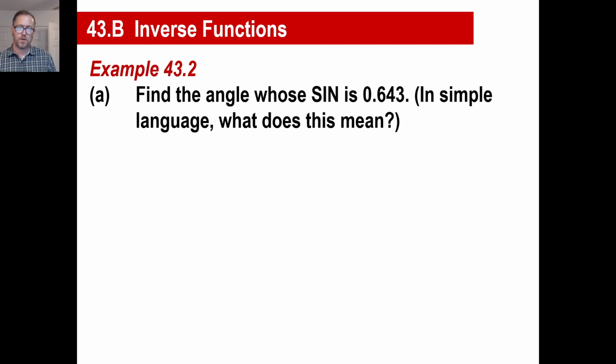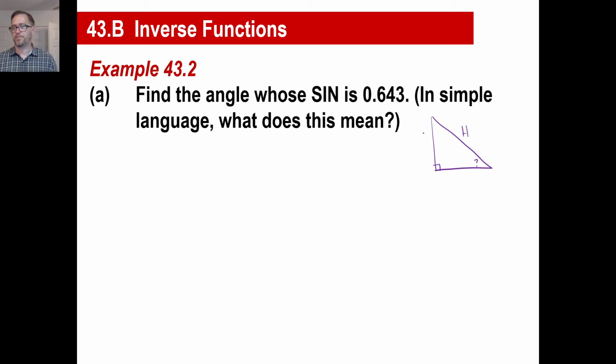Find the angle whose sine is 0.643, and let's break this down. Here's a triangle. There's your right angle. There's the hypotenuse. Let's say there's an angle. We don't know what the angle is, but the sine is 0.643.